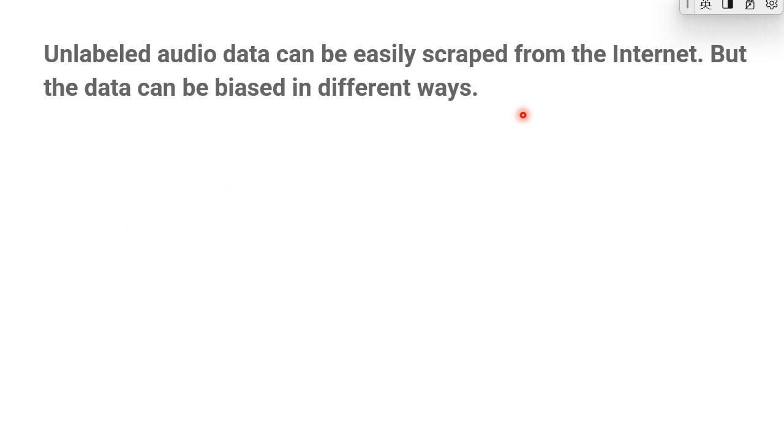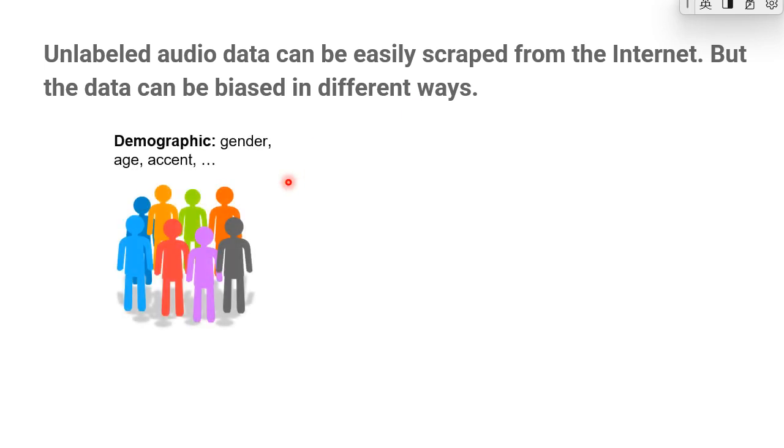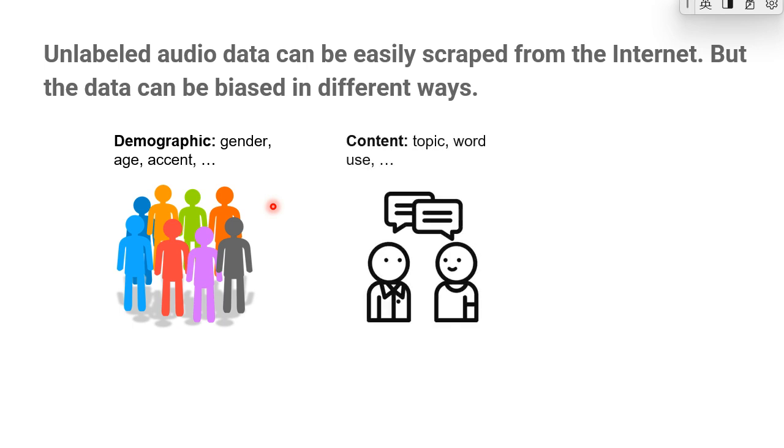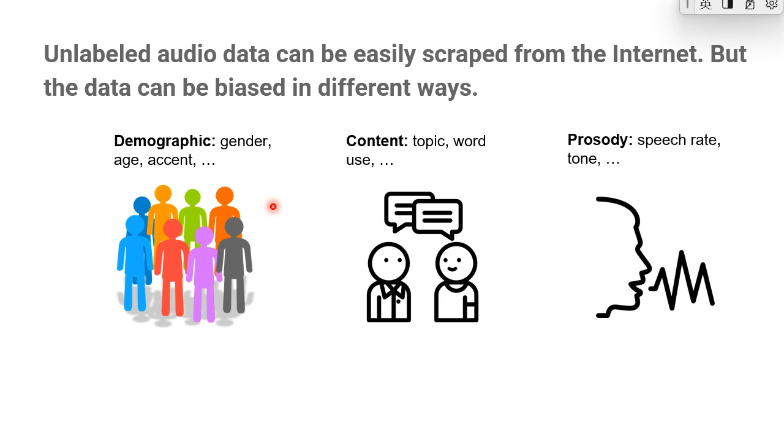For example, the collected data can be gender biased or accent biased, or probably the collected data can only contain some specific topics and miss some other topics. Or probably the speaking rate of the collected data can be higher or lower than normal. They are all kinds of different bias.